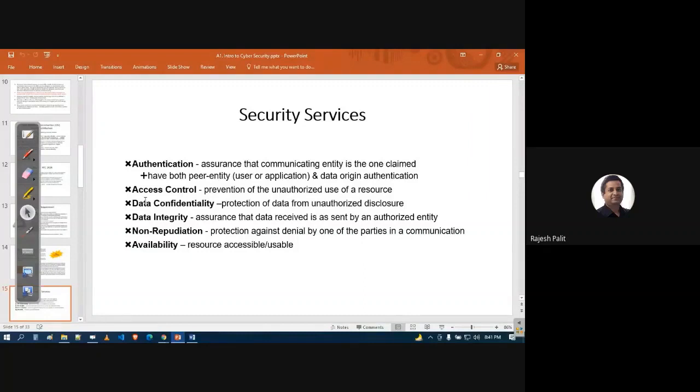Now if I said, look, I did not send any email to you, why did you give him 500 taka, right? So non-repudiation means there are some proofs so that I cannot deny that I have sent an email. So the receiver must have some mechanism so that the sender cannot deny that particular fact. So non-repudiation means the protection against denial by one of the parties in a communication.